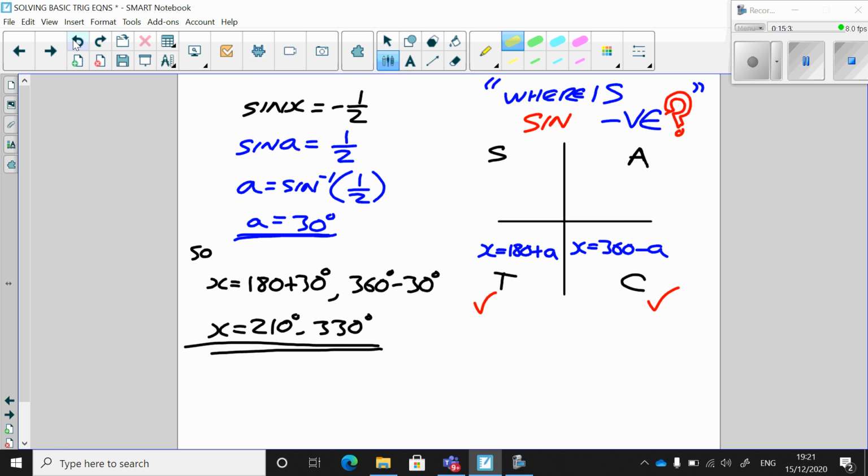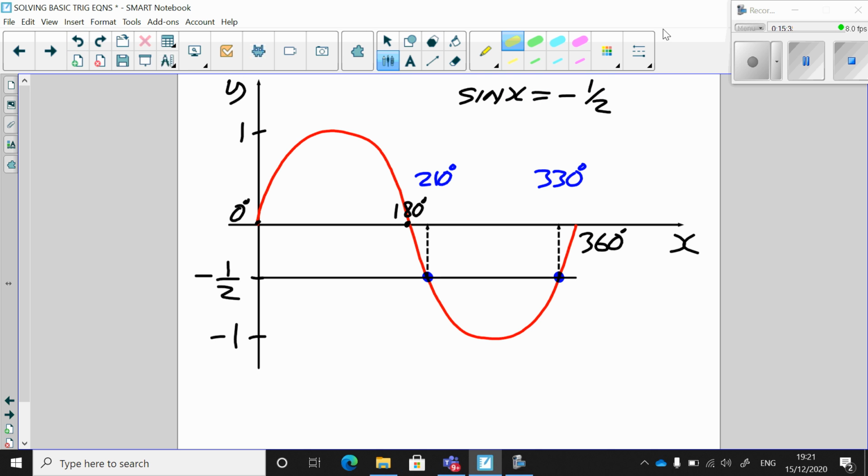Okay, so that's what I've done there. So there's your graph, there's your sine curve. Feeling dizzy? Where does it intersect with a depth of negative a half at 2 points?